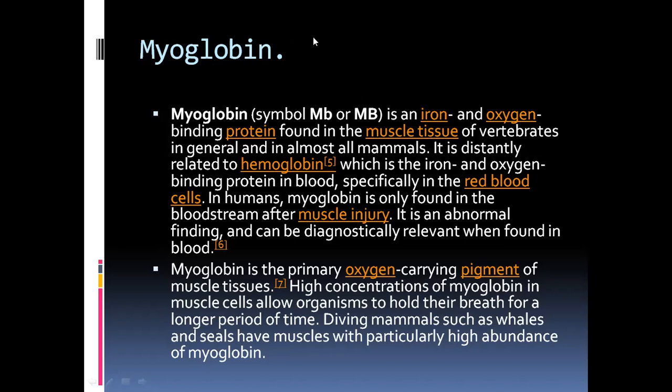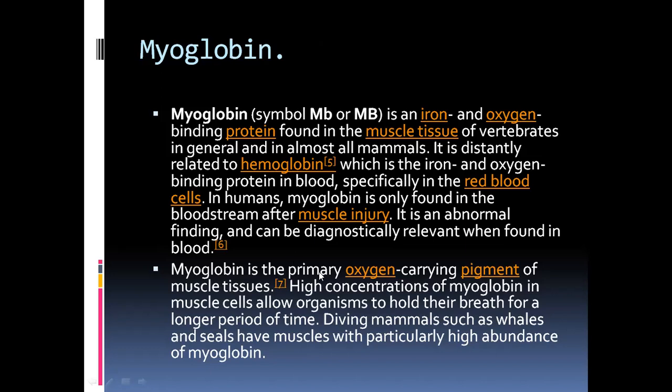This is not a normal situation; this is an abnormal finding. When the doctor goes to diagnose the cause, most of the time the muscle has been damaged due to an injury, a wound, an accident, or a disease.